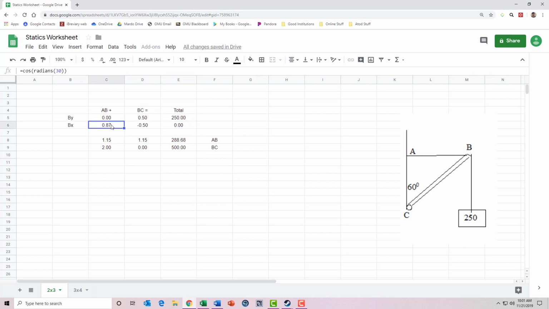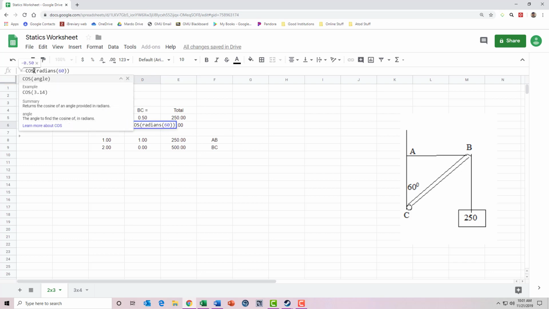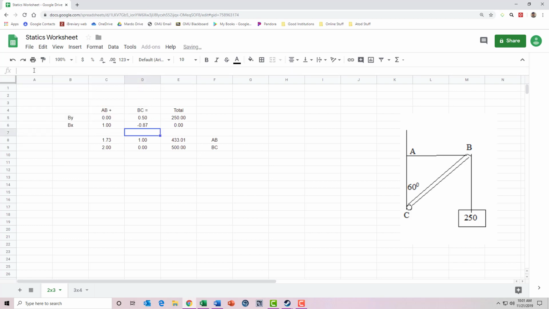And AB equals minus sine 60. As soon as I do that, boom, there's my new answer: AB equals 433 and BC equals 500. See how easy that was?